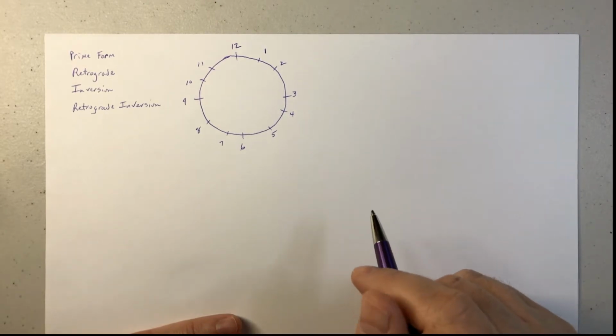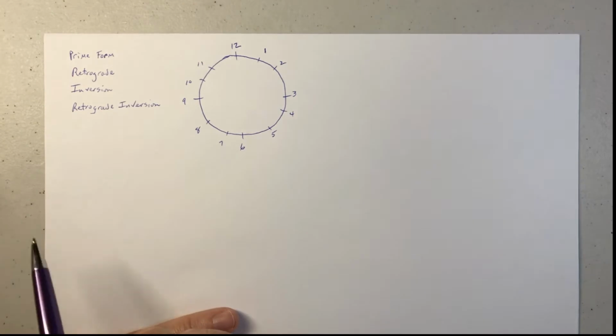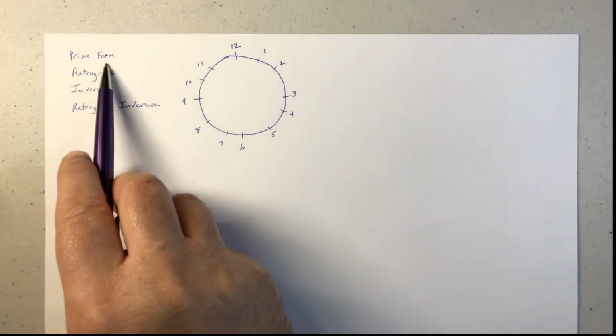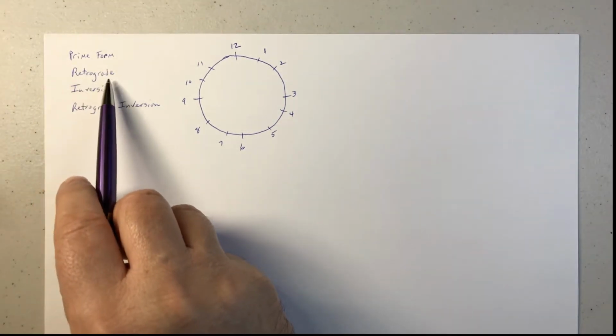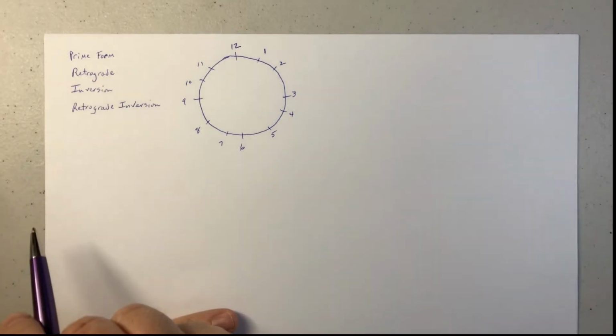In serialization of pitch, we typically have four forms of any given row: the prime form, the retrograde, the inversion, and the retrograde inversion.